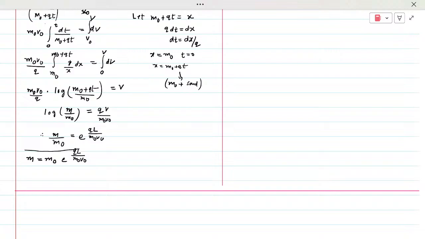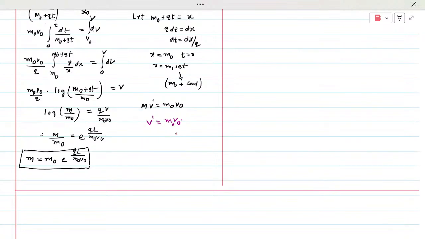Suppose what is the final velocity of this one? So here only you can stop. Otherwise, if in terms of e powers I want to find out, so final velocity v, let us consider that m into v dash is equal to m naught v naught according to conservation of momentum. That is v dash is equal to m naught v naught by m.